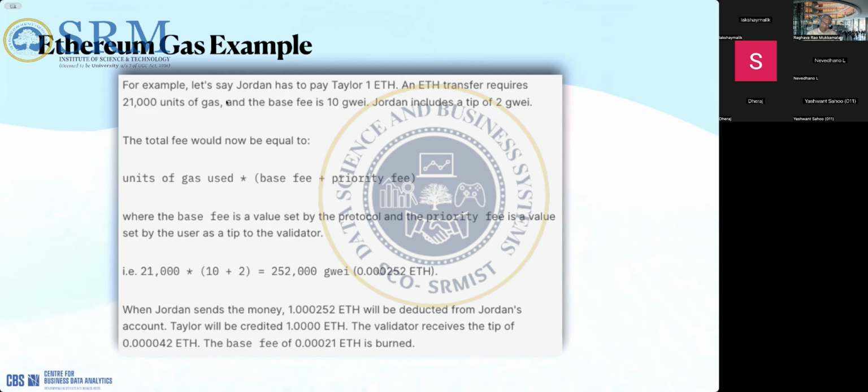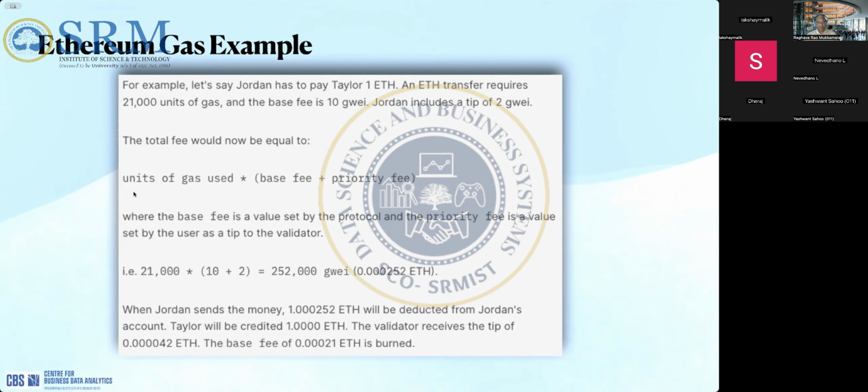It's a very small unit, so let's call it 21,000 units of gas. And let us say that the gas price is 10 Gwei, the current market price of the gas. And then let's imagine that Jordan wants to include 2 Gwei as a priority fee, right?